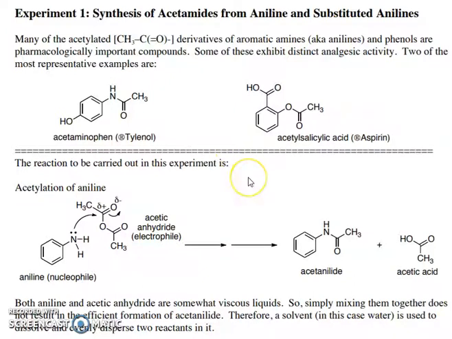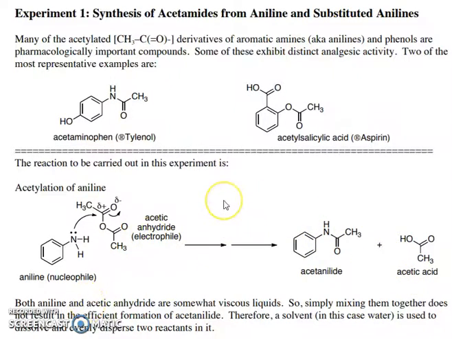The reaction to be carried out in this experiment is acetylation of aniline. You can see this is the aniline. It acts as nucleophile, and this is the acetic anhydride. It acts as electrophile. And then you can see the formation of acetanilide and acetic acid.